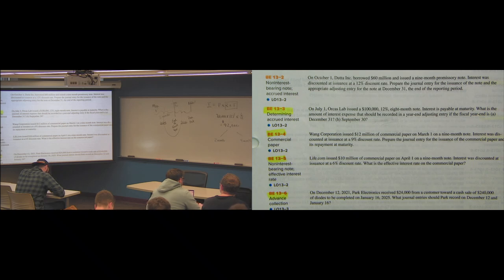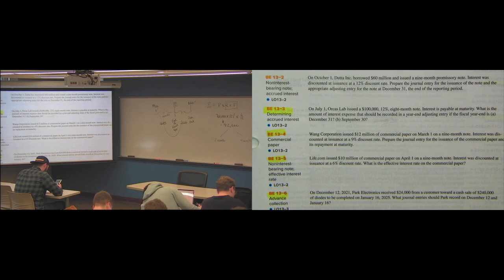So I'm looking for the amount that I need to debit interest expense and credit interest payable, if I assume that the fiscal year ends December 31st for money that was borrowed on July 1st. Fair?